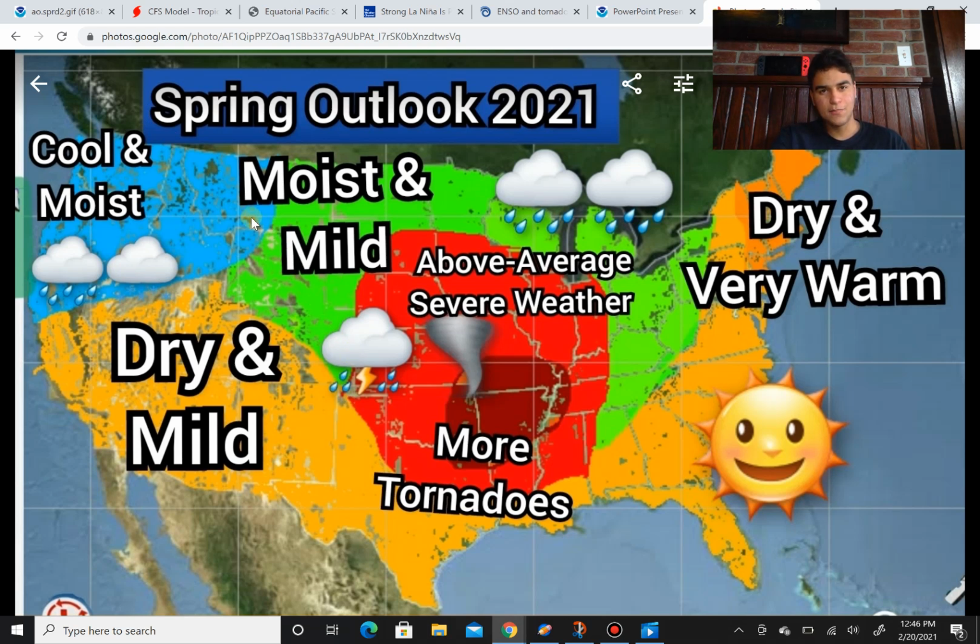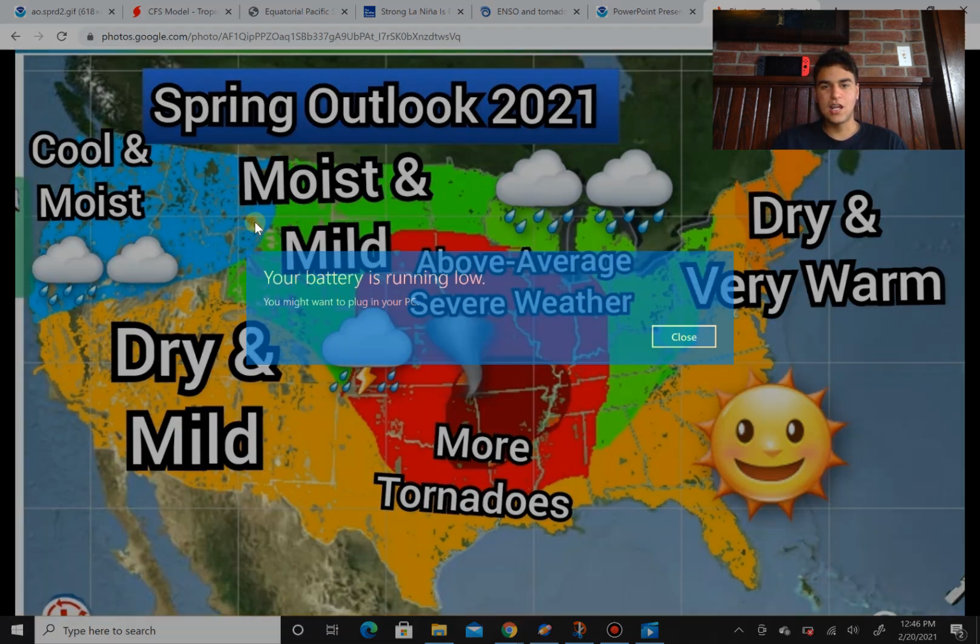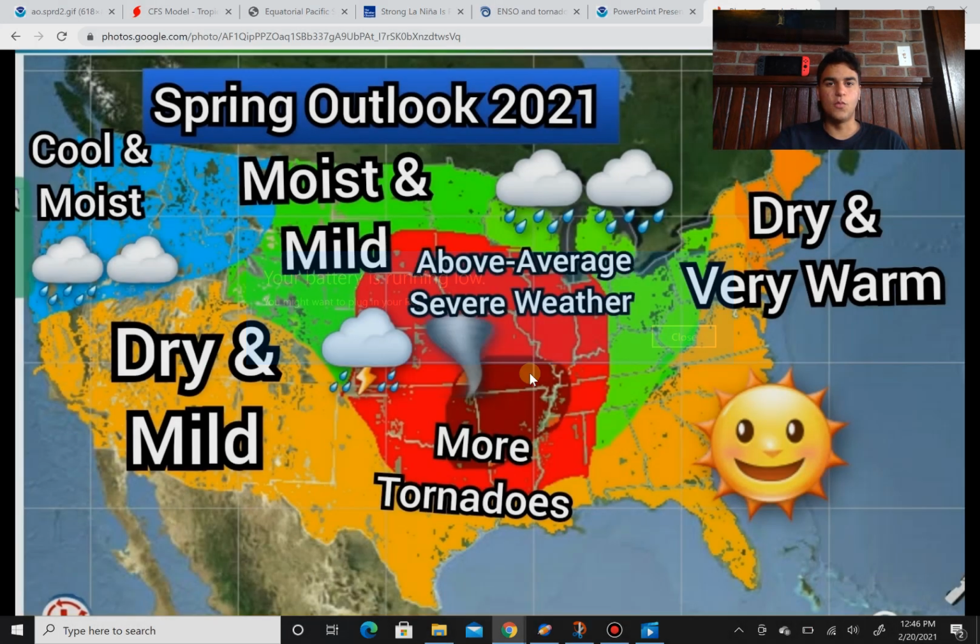However, I could definitely be proven wrong, as this forecast is preliminary. It's definitely subject to change based off of the short-term weather conditions we're predicted to see. So definitely keep this in mind and stay prepared for a potentially dangerous severe weather year for a lot of the Midwest.